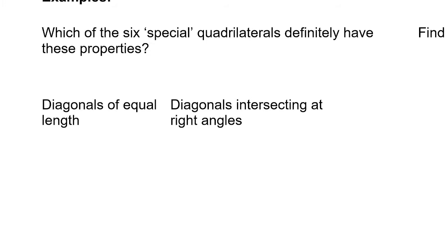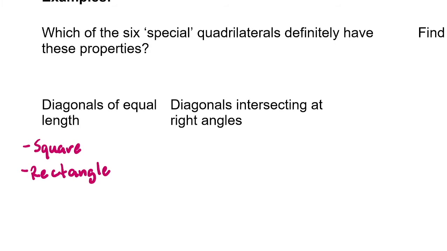So, diagonals of equal length are the square for sure, and also the rectangle, because we're looking at those 90-degree angles and coming up with the diagonals through there.